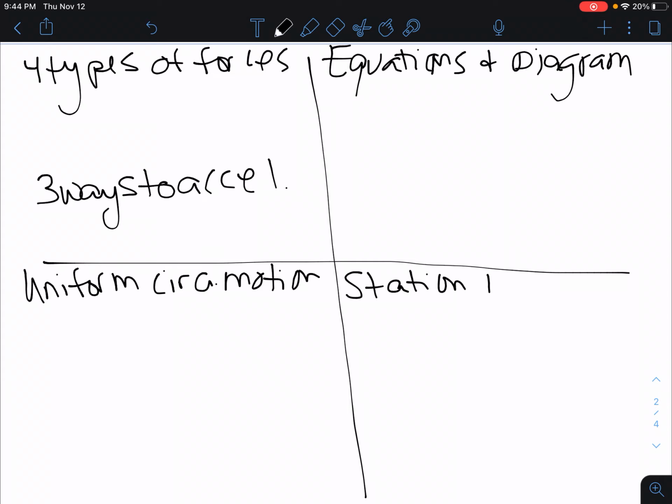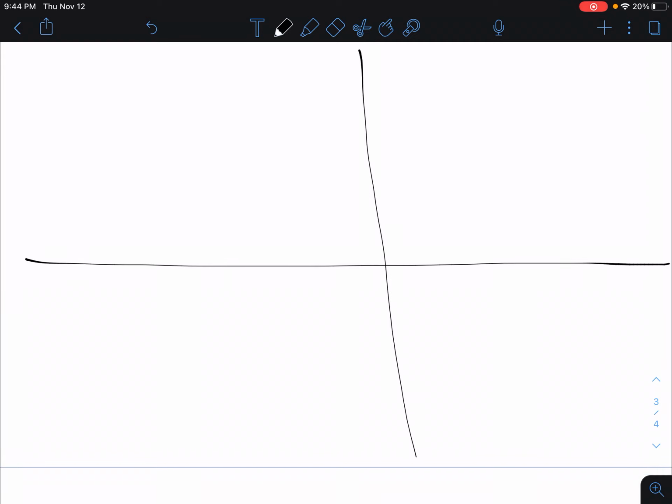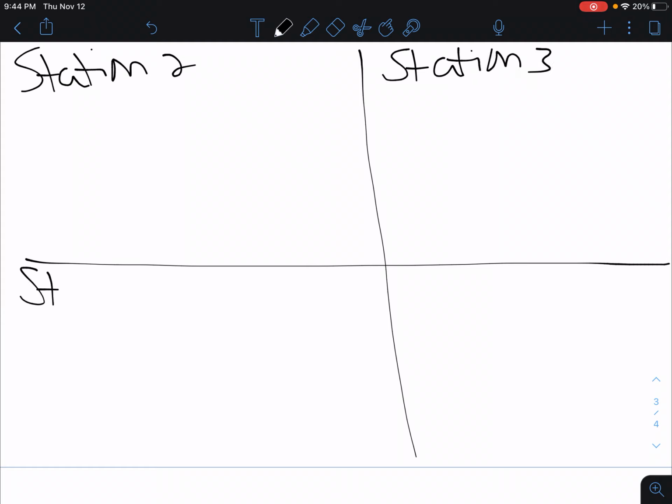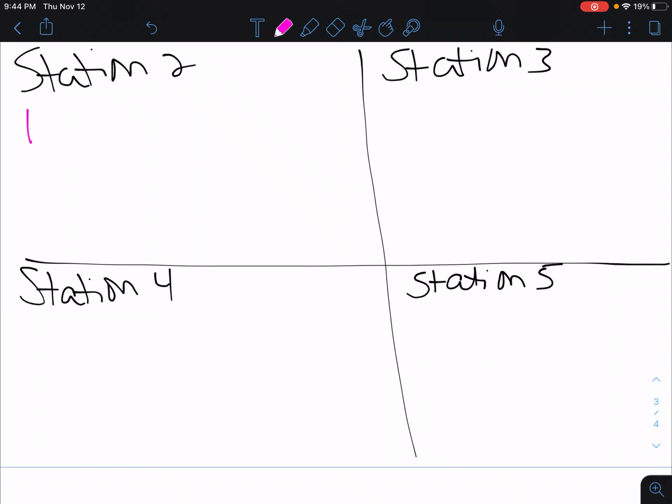You're going to have station 1. And then on the back of your paper, where you have 4 more squares, you're going to have station 2, station 3, station 4, and station 5. I'm going to do one with you to help you out. You're going to have the same 2 things for every station. Let's go with pink. Okay, you're going to have the force diagram. So all of these are going to have the force diagram.